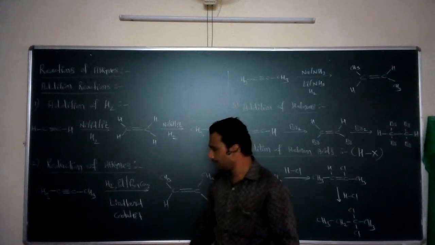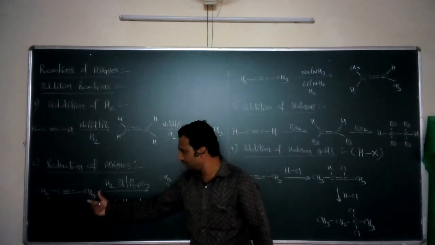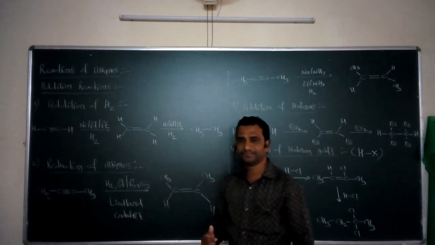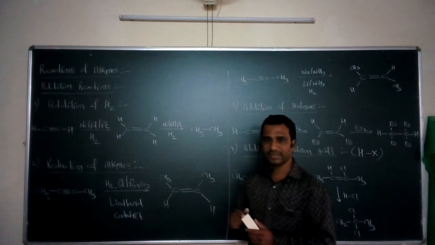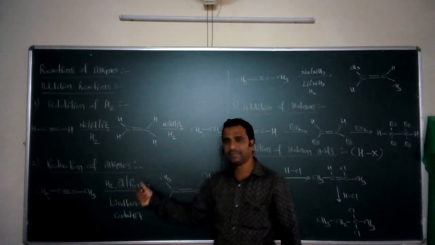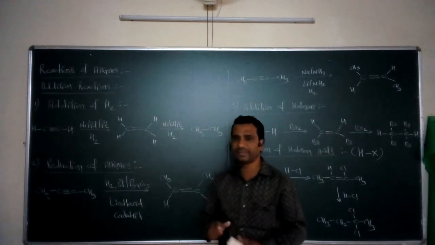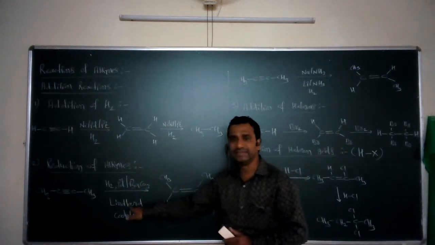If I take the example of the alkyne 2-butyne, it can interact with two different types of reagents. The first reagent is H2 in the presence of palladium and barium carbonate. This type of reagent is called the Lindlar catalyst.